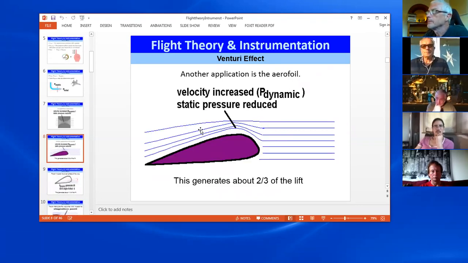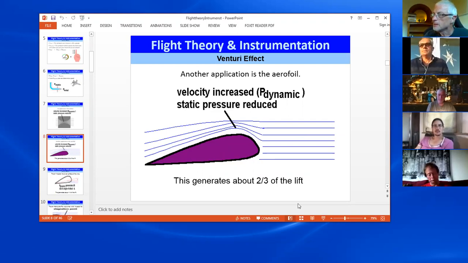Now, without getting into arguments about how wings work, what you need to know is that as a result of the airspeed increasing over the wing, the static pressure reduces, and this generates about 2/3 of the lift.